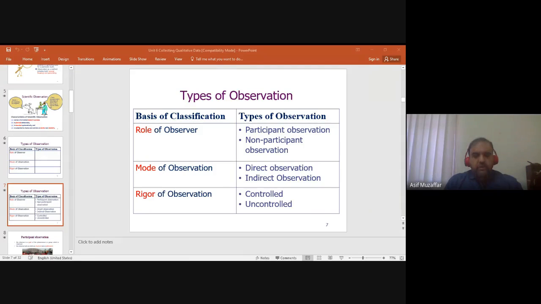Okay. So last time around, we were talking about the types of observations. You know that for qualitative research, you can either have observation or interviews.